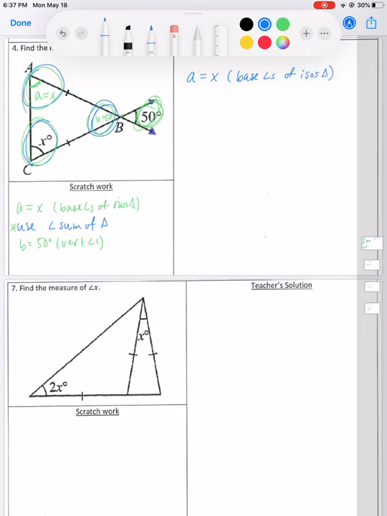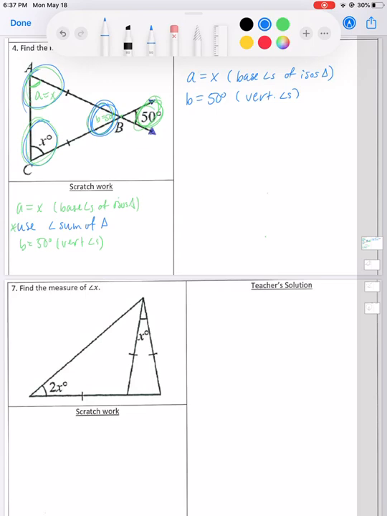Now we can use that angle as x from now on. We also need to say that B is equal to 50 degrees next, because we need to have this as a value before we use angle sum of triangle. B is equal to 50 degrees from vertical angles.